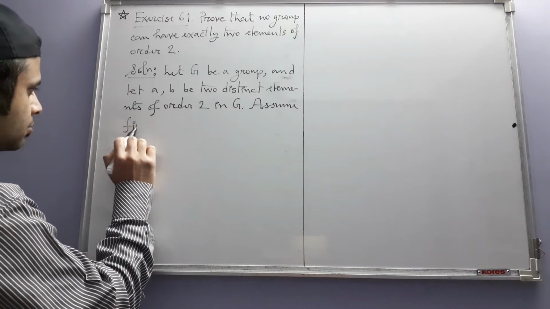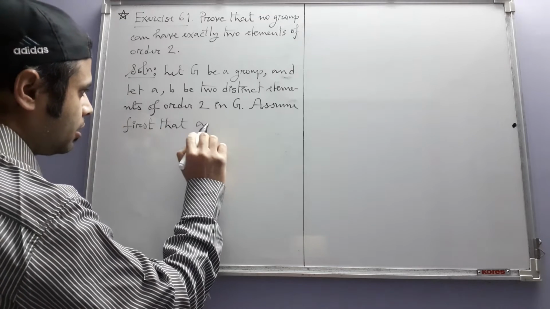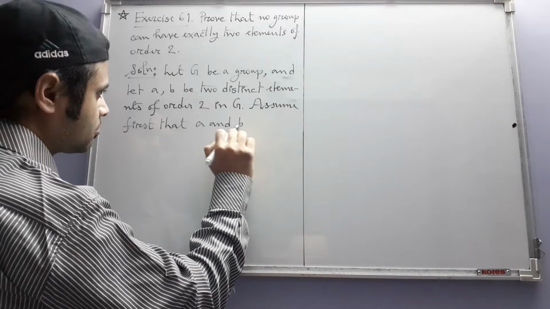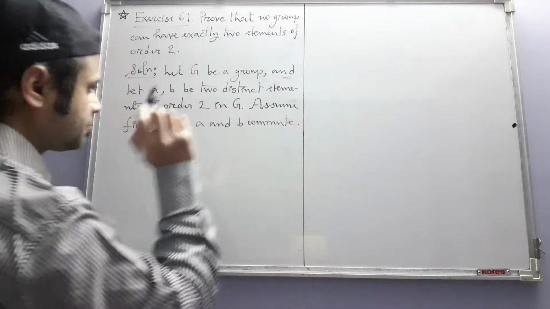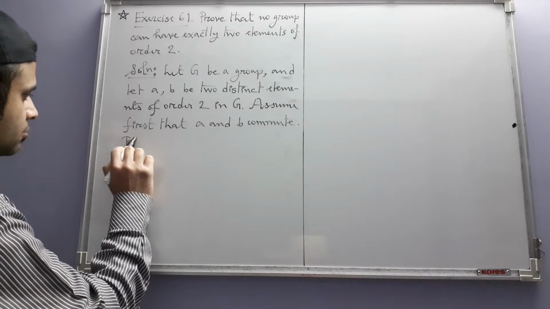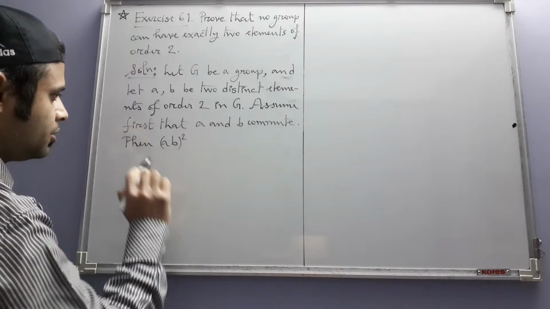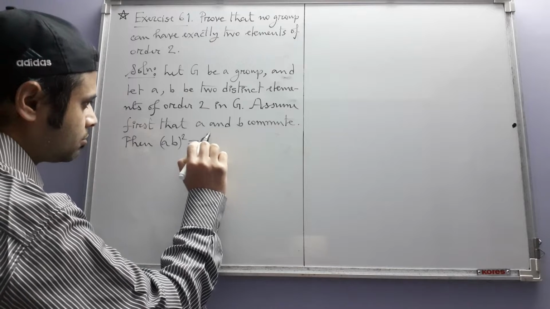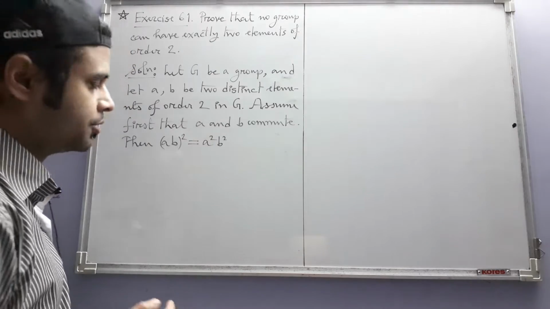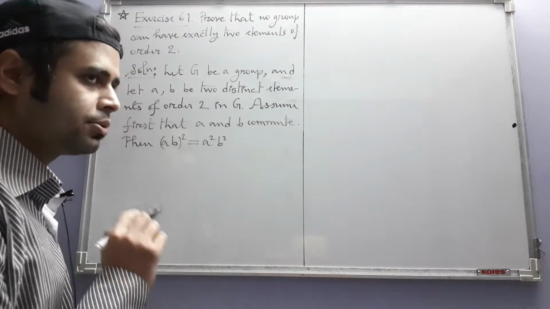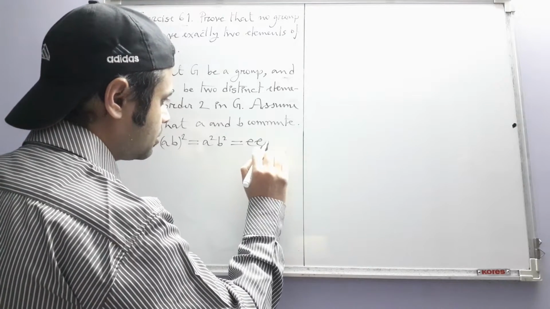Assume first that A and B commute. Then (AB) square is A square times B square because A and B commute, and because A and B both are of order 2, so both these powers are equal to the identity.